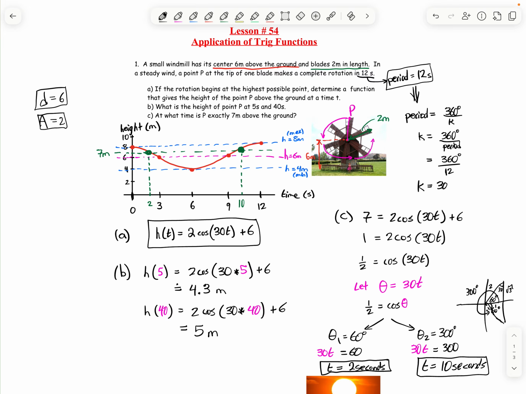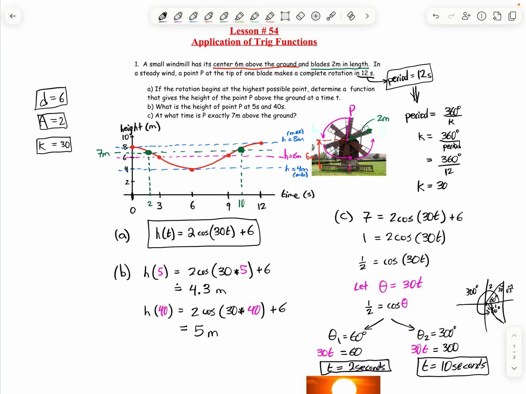And from this, we can calculate k. Period is equal to 360 degrees divided by k, so k is equal to 360 degrees divided by the period. So k is equal to 30.